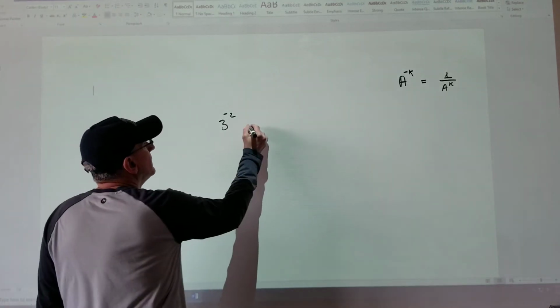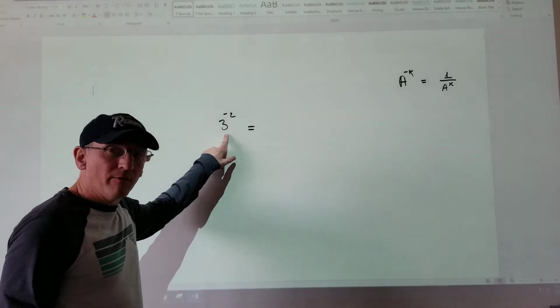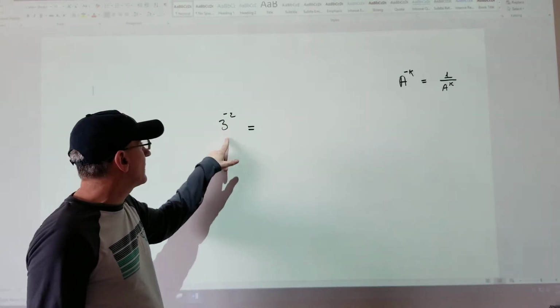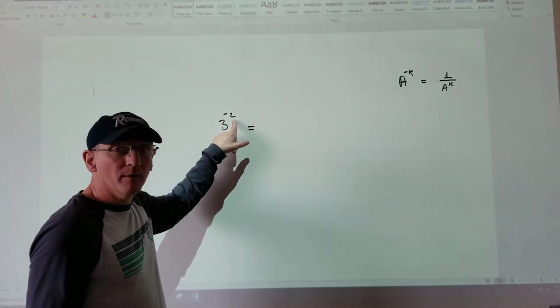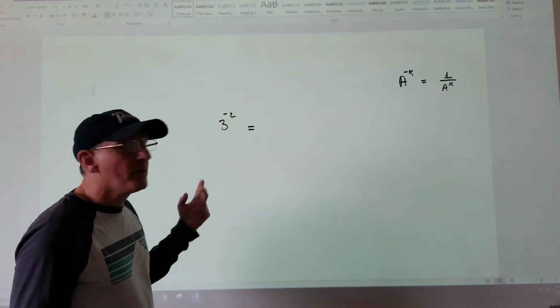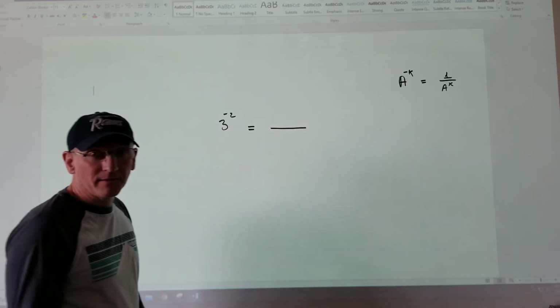And the idea is, like with any power, the base tells you what factors you have. The exponent tells you how many of those factors you have. Okay, so I'm multiplying with 3's. I have 2 of them. But when you have a negative exponent, it's telling you that those 3's are divisors, not really factors.